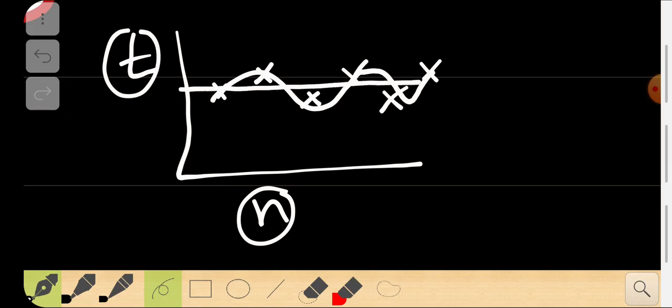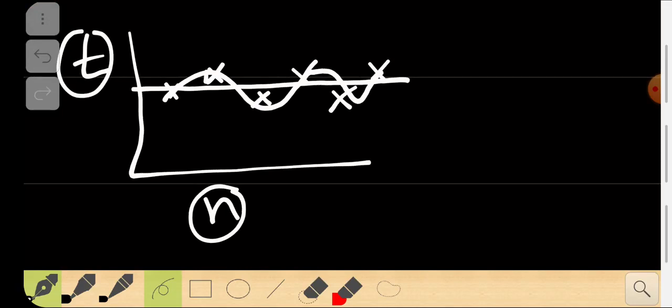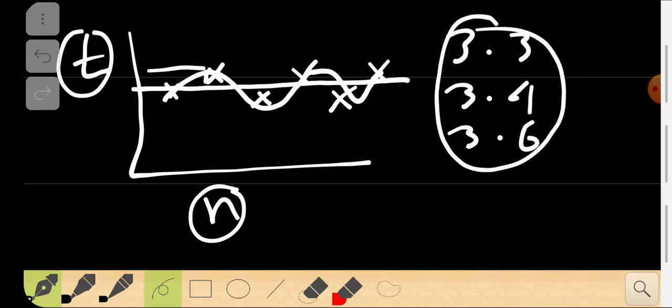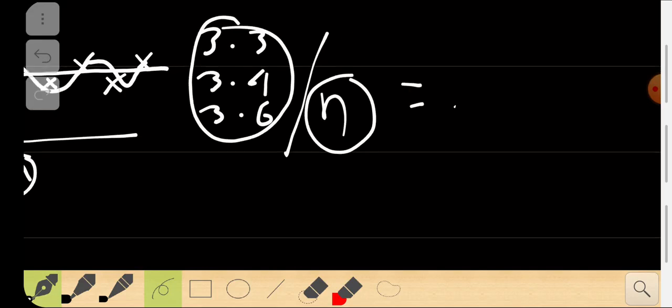Your time value is fluctuating about a fixed point with each measurement. So you can experimentally take different values, say 3.3, 3.4, 3.6, and take the average of that. The mean value can be calculated by dividing the sum by the number of iterations that you have taken, and you get a mean value.